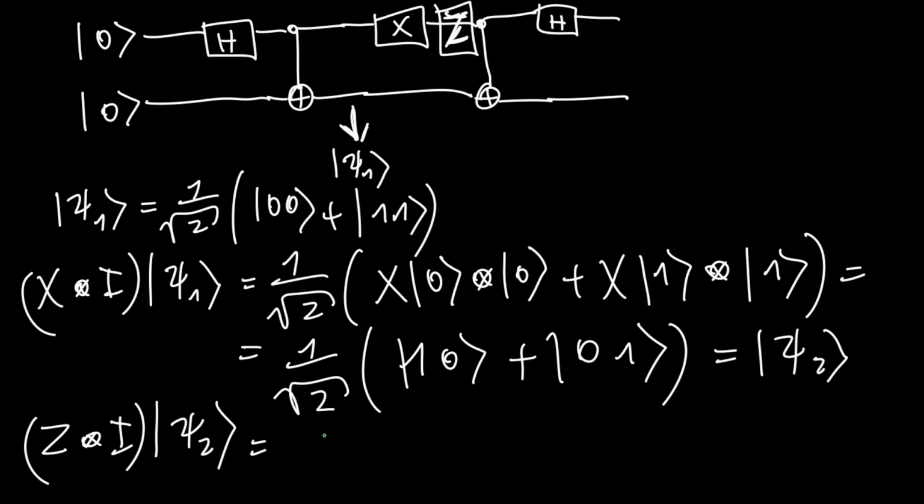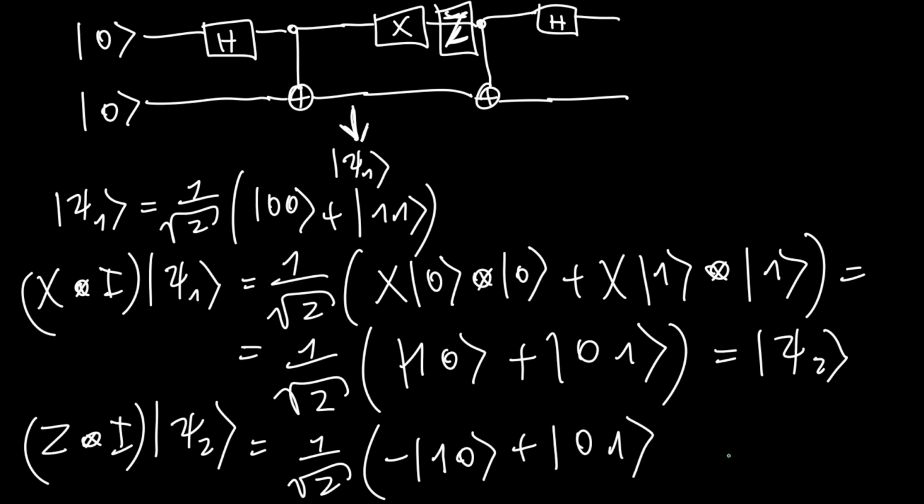Again, we're gonna now apply Z to the first qubit, so it's gonna be Z to 1, which is -1, right? Applying phase. And for 0 we do nothing, so it's gonna be just this thing. As you can see, just a phase difference between those signs, the same thing as it was before, right? Z is a phase gate.